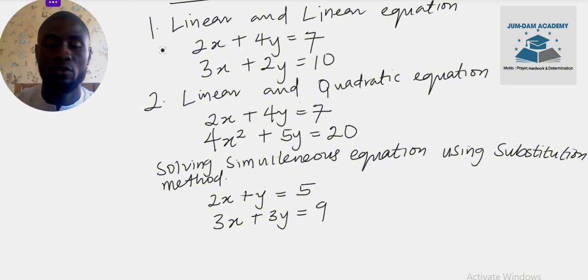So when we have this kind of equation, I believe we are all aware that these two are linear equations, right? So now that we have simultaneous equation made up of linear equations, we check: is any of the unknowns having a coefficient equal to 1? This is one of the criteria for using the substitution method to solve simultaneous equation.